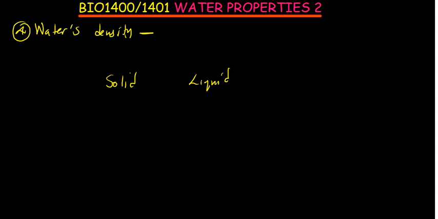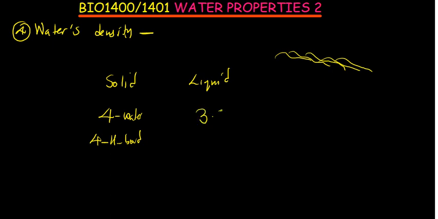But because liquid water flows over itself, that is why you see rivers flowing, there is just an average of about 3.5 to 3.8 hydrogen bonds in liquid water. I'm saying average because bonds are constantly breaking and forming, as water is moving over each other.